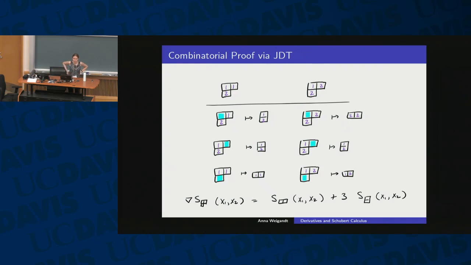So the combinatorial proof of this derivative formula is, if you're thinking about this operator nabla, it's really saying, if I think about a monomial as just a string of variables, x1 squared times x2 is really x1, x1, x2. To apply this operator, I'm going to think about taking away each of the variables, in each possible way. At the level of tableaux, that says take a number out of each semi-standard tableau in all possible ways.